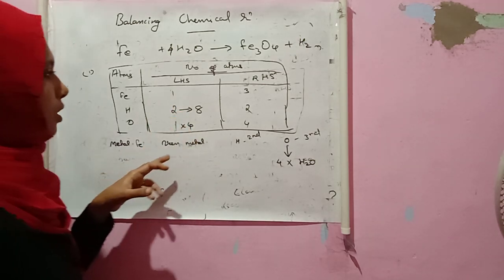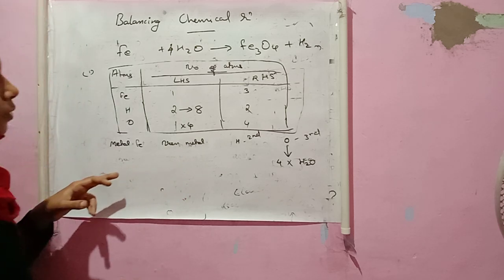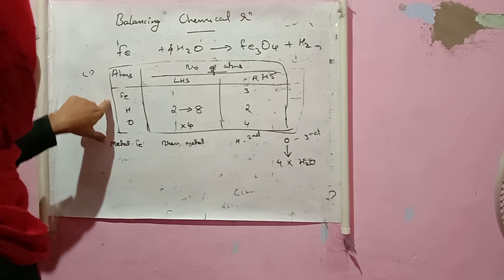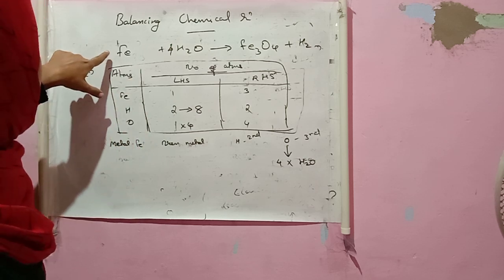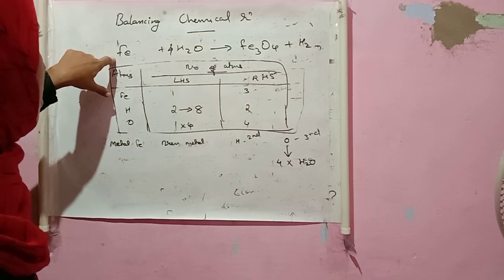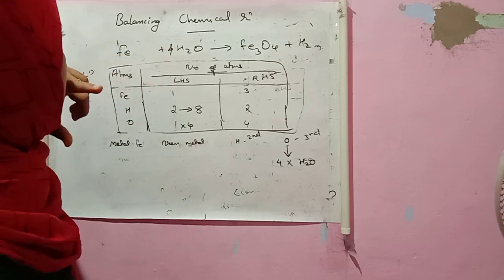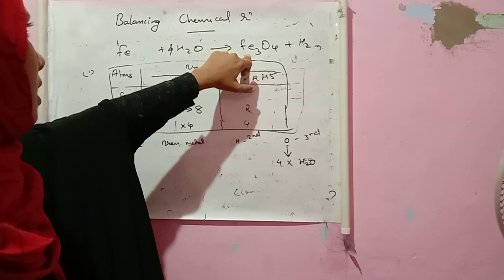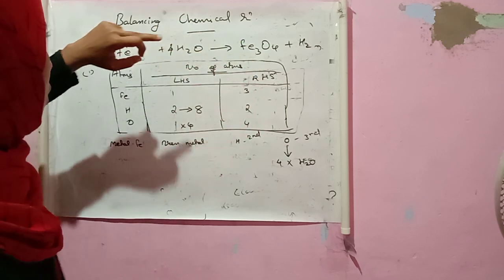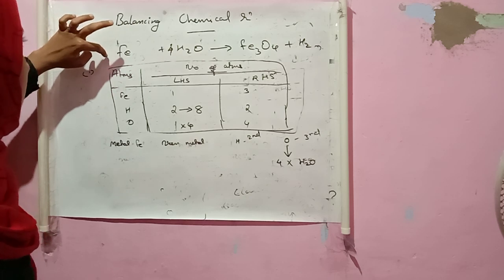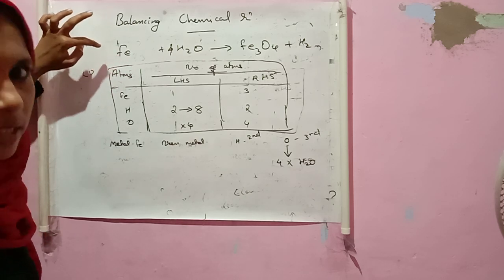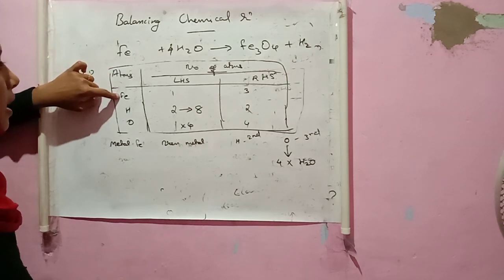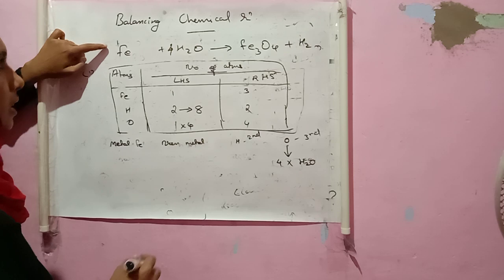Now we move to the metal. Iron is 1 in number on the LHS and 3 in number on the RHS. To balance that, I multiply iron on the LHS by 3.